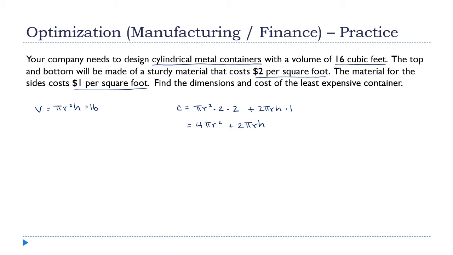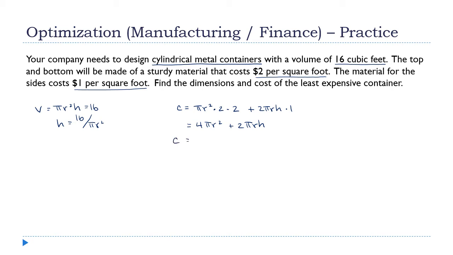If I try to solve this for r, there's going to be a square root in it. And there's just a single r here. That r doesn't have an exponent. I'm going to have a radical equation. I'm going to have to square both sides, do who knows what. I'd really rather not. I think we're going to keep this a lot simpler if we solve this for h. So h is 16 divided by pi r squared. And let's put that into the equation.